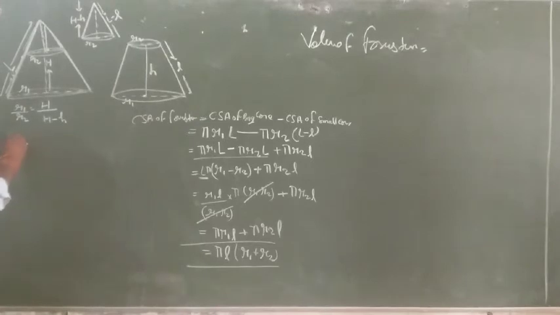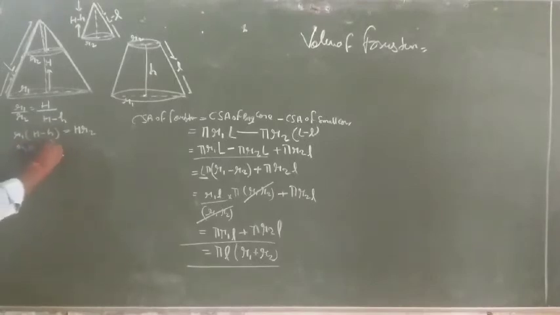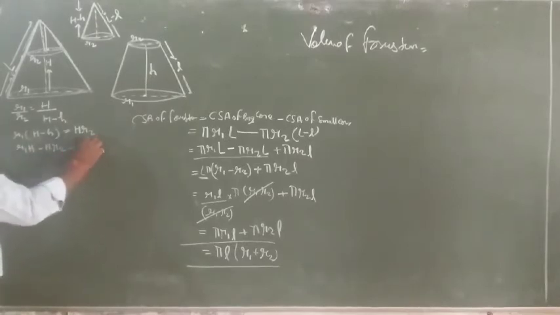Due to cross multiplication, R1 bracket capital H minus small h equals capital H and R2. Multiplied, R1 capital H minus R1 small h equals capital H R2. This term goes negative and is transferred to the other side. Got it, students?